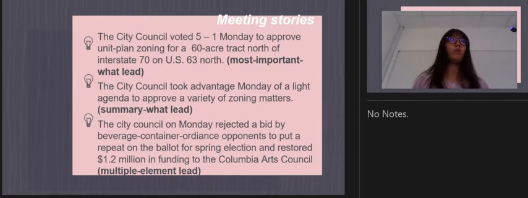This is the summary what lead. The City Council on Monday rejected the bid by the beverage container opponents to put a repeal on the ballot for spring election and restored $1.2 million in funding to the Columbia Arts Council. This is the multiple element lead.